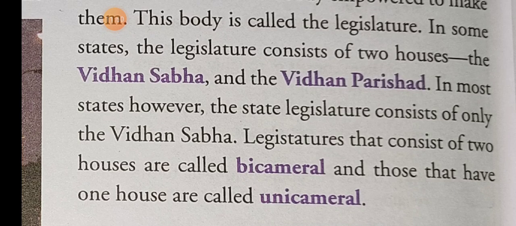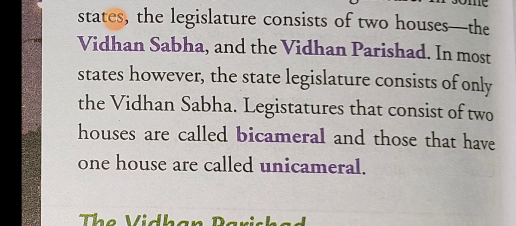They are Vidhan Sabha and Vidhan Parishad. Clear? What is bicameral and what is unicameral? Bicameral means a legislature that consists of two houses, and unicameral means a legislature that consists of only one house.